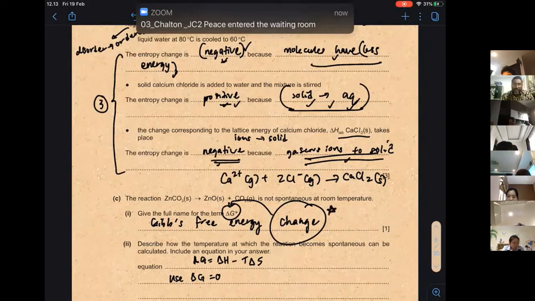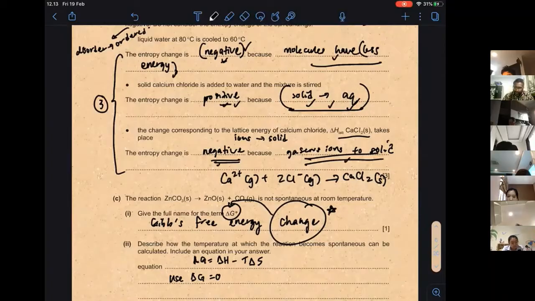So how do I know when to use change? Do remember the formula is always triangle G, then triangle H, and so on. The triangle represents change. So the full name is supposed to be Gibbs free energy change. If you want to include this symbol, then it's supposed to be standard.